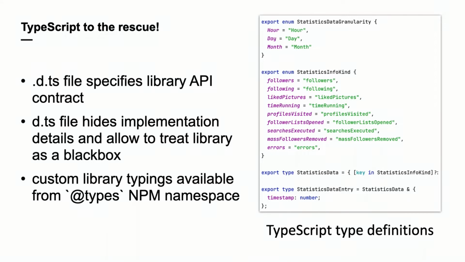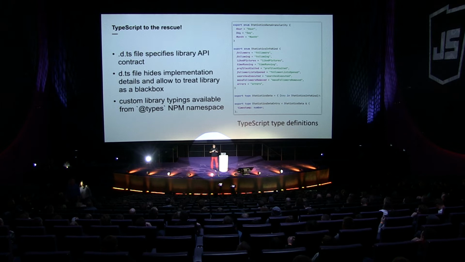That's why TypeScript, I think, was so successful, because it allows you to actually document what is happening in the library in your source code. Types are a way to document your code and what you should be expecting.